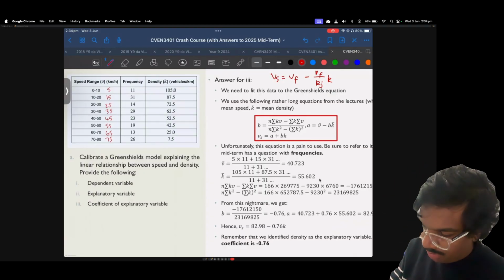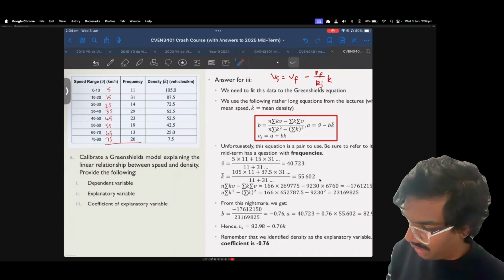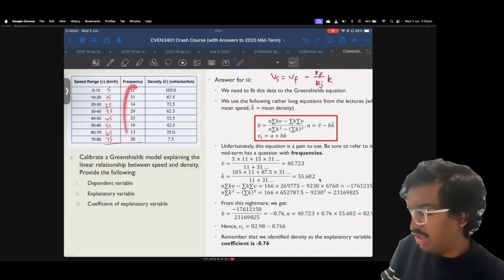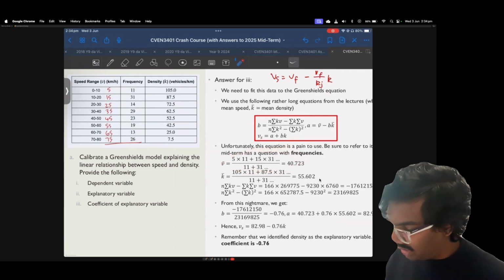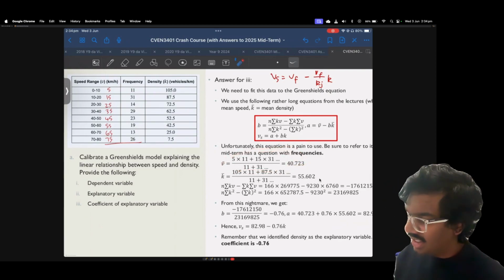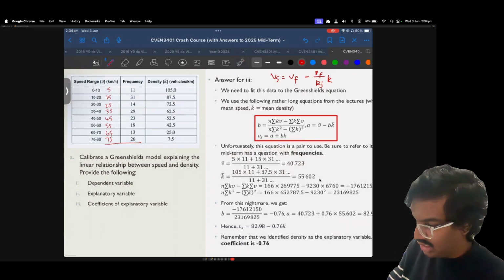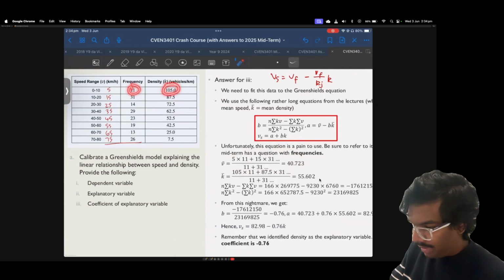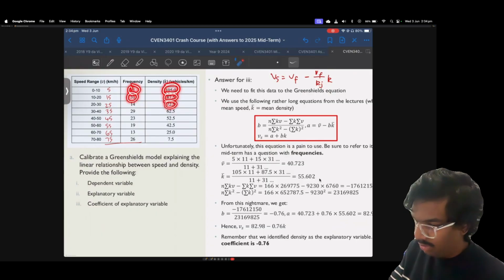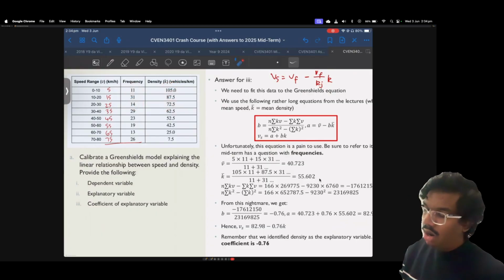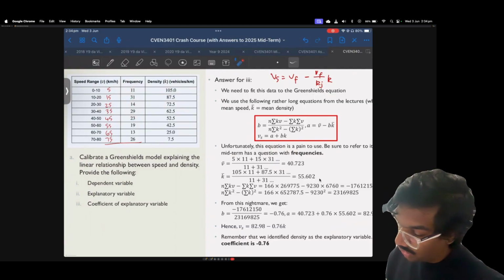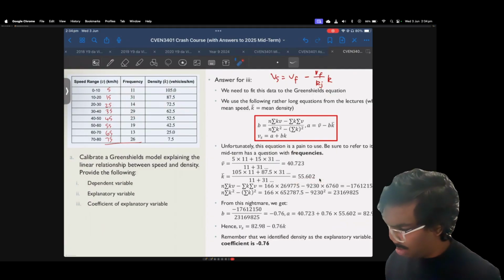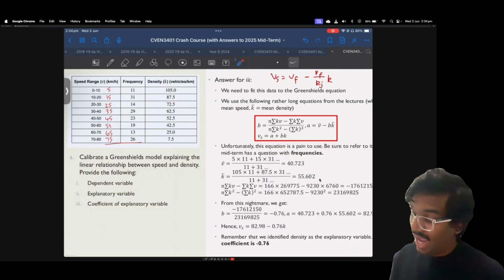The average is the sum of all of these over the total count; you know how to find averages. It equals 40.723. K is the exact same thing: 105 times 11 plus 87.5 times 31 plus 32.5 times 14, and so on, over 11 plus 31 plus 14 plus 29, and so on, all the way until you get 55.602. So we now have A nearly.